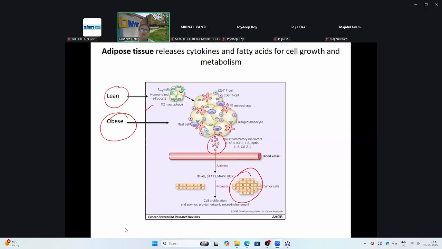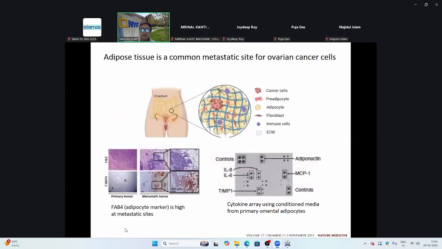So all I just wanted to say is that lean cell versus obese cell allows for changes in the surrounding stromal cells, such that new signals are released, and it'll promote tumor. So it's pro-tumorigenic. And so where is this really common?